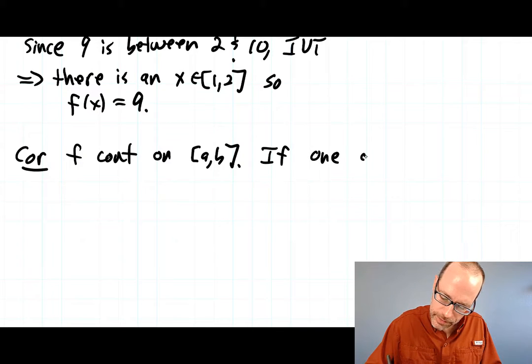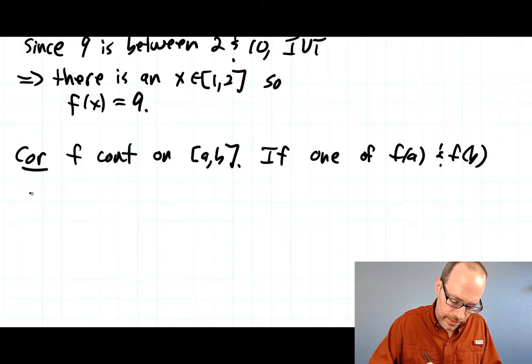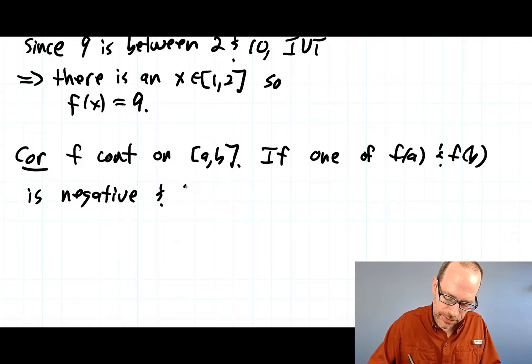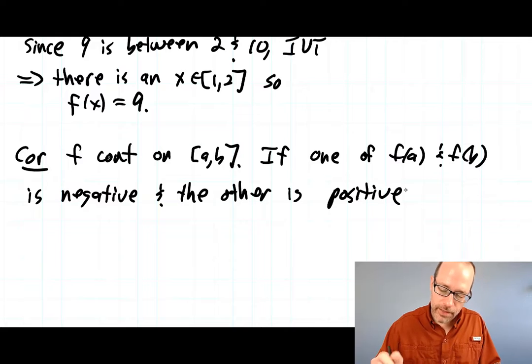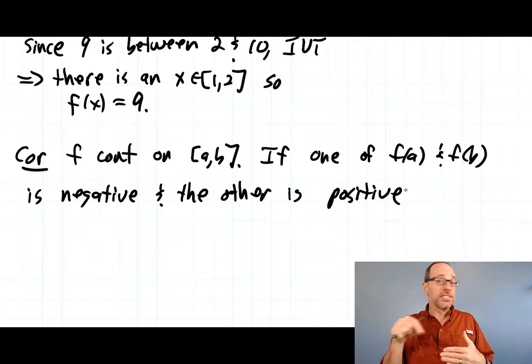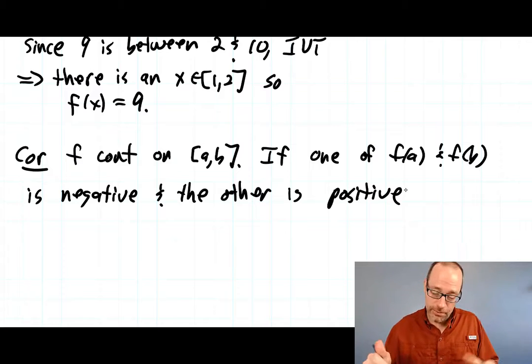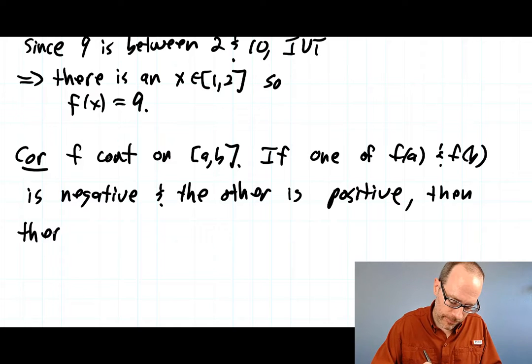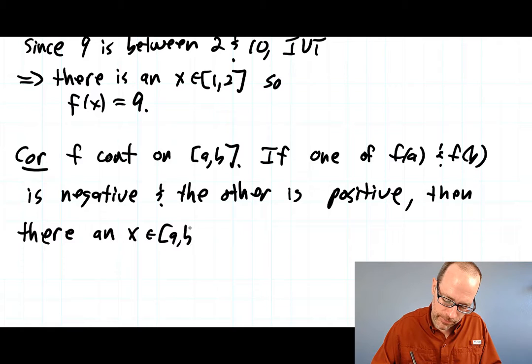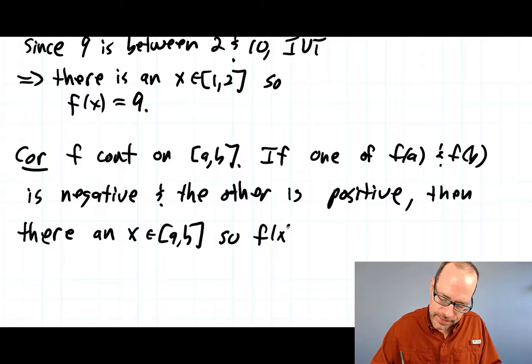One of f of a and f of b is negative, and the other is positive, well, if one value is positive, one value negative, then 0 is between them, and therefore the intermediate value theorem says then there is an x, at least one x, in between a and b, so that f of x is 0.